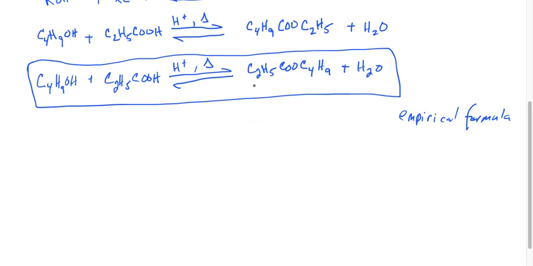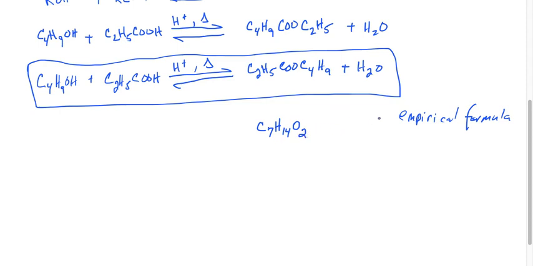So carbons we have, so we're going to write C, there's 2 here, plus 4, that's 6, plus this one right here, there's 7, so C7. Then we need our hydrogens. 5 and 9, there's 14. And then our oxygens, we have 2.